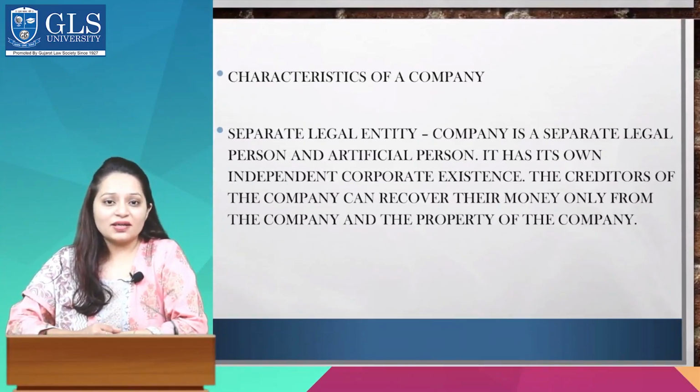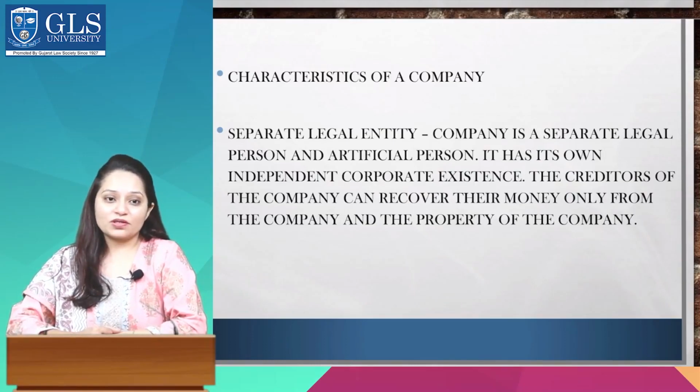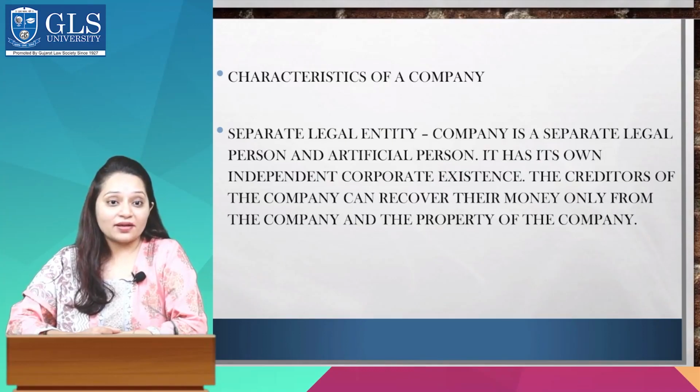The first characteristic of a company is that a company has a separate legal entity. Now, what do we understand by separate legal entity? In simple language, separate legal entity means the company is separate from its members. Here I would like to add that a company is not a natural person.